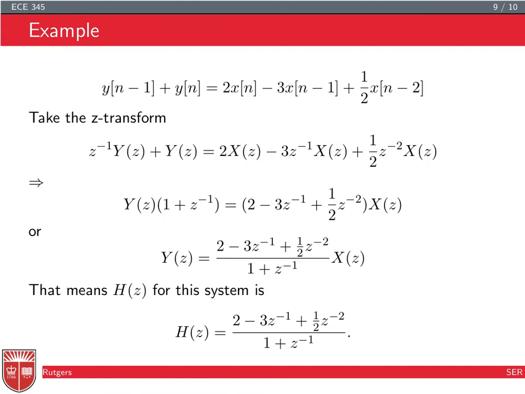So here I did the calculations again, and if the question is to find the impulse response, so here I could add, let's say, find h of n, which is the impulse response, then you have to find the inverse z transform here. And we talked about this.